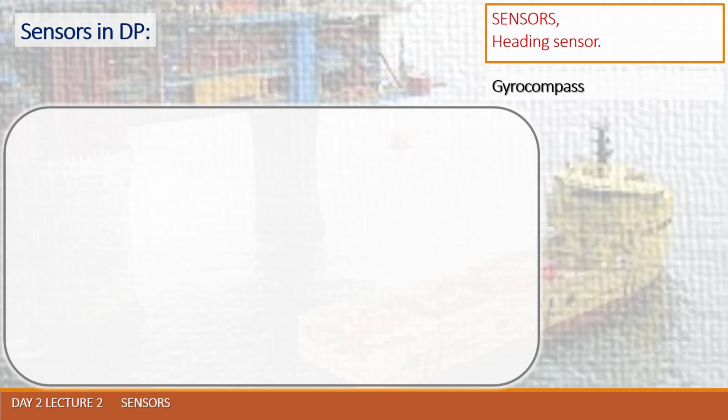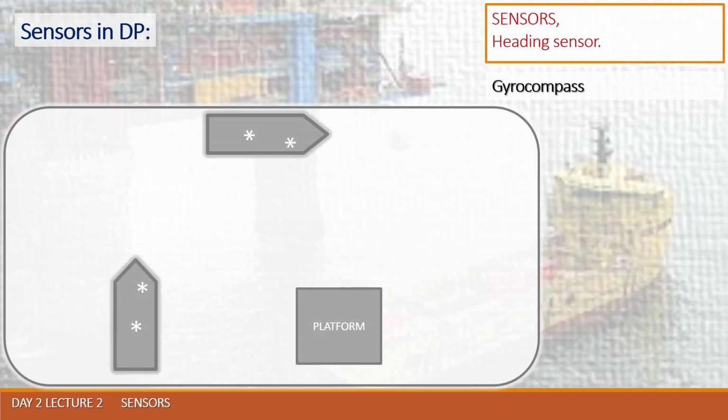And the system itself, being relative, doesn't have any idea about the directions at sea. For right calculation, we need to have the vessel's heading value, which can be measured and provided only from the heading sensor.